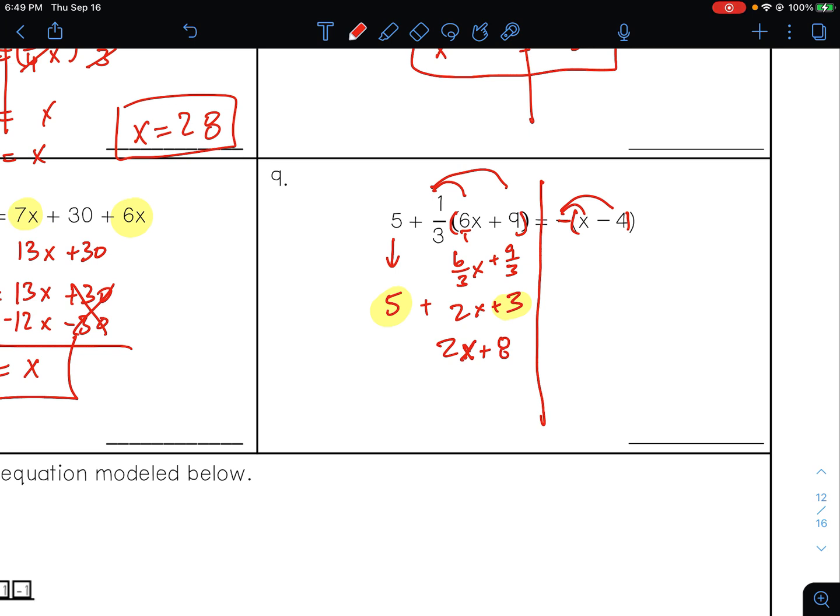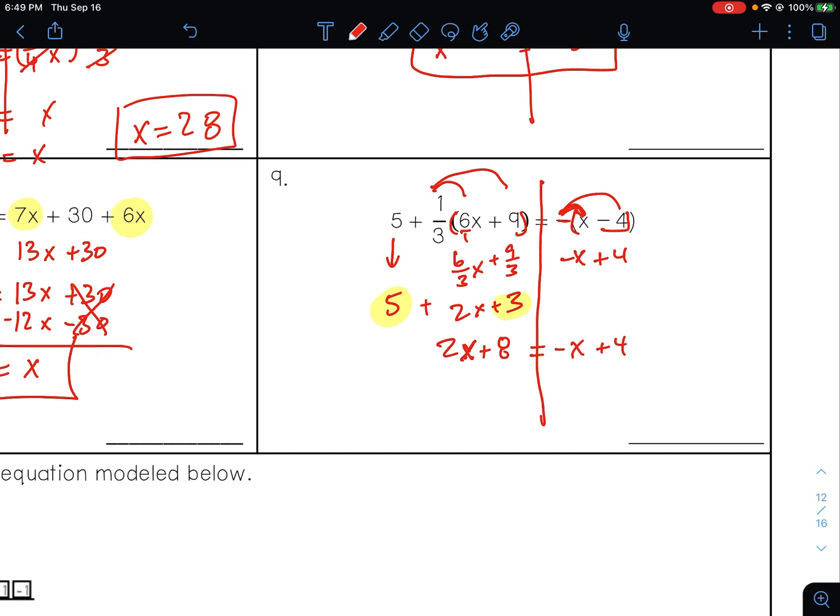So this positive x turns into a negative x. And this negative 4 turns into a positive 4. Bring down the equal sign, the minus x, the plus 4.